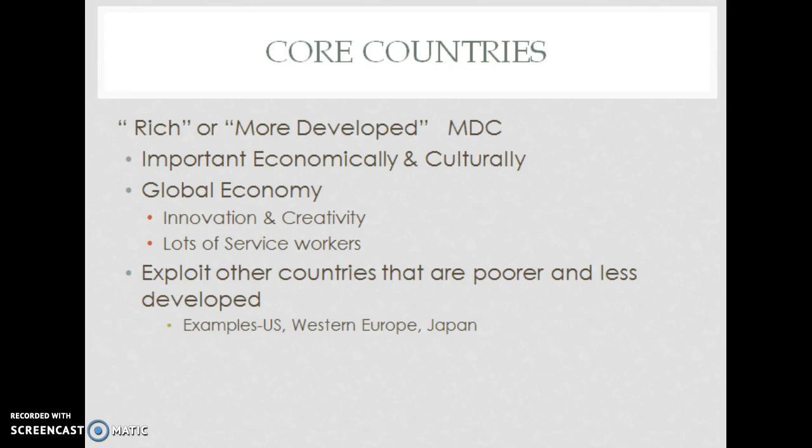Now, core countries are also recognized with a lot of innovation and creativity. And part of their development is the fact that they take advantage of and exploit the poor, less developed countries. Now they can exploit or take advantage in multiple ways. One example we could look at is workers.